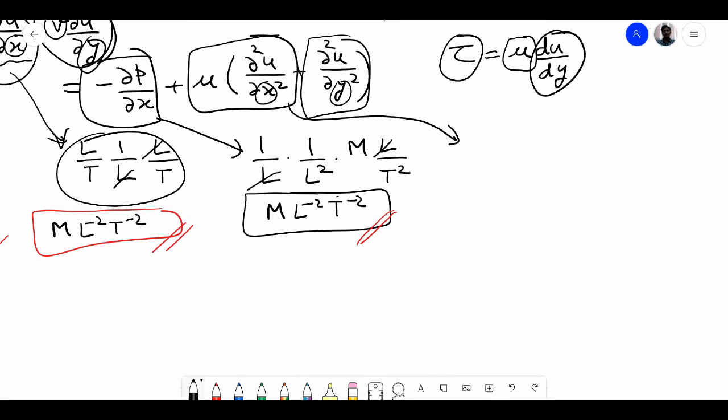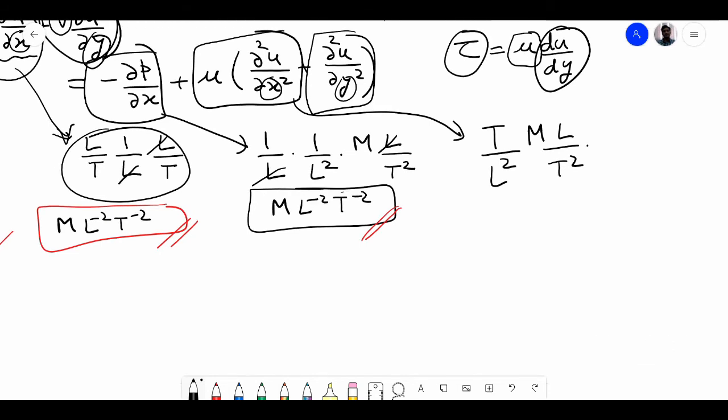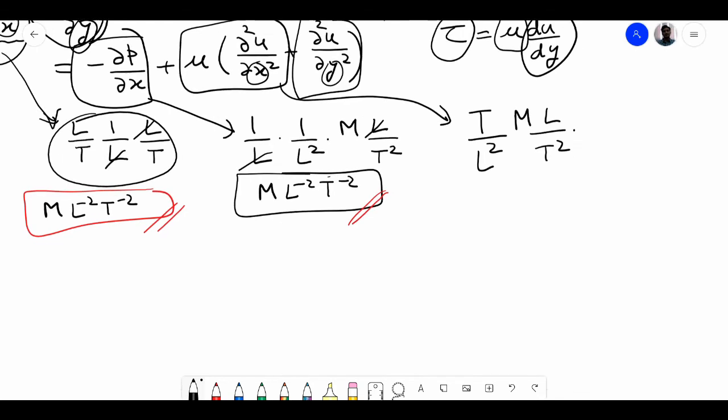So Pascal is force per unit area again, and second gives t. Pascal, force per unit area, gives you L square, force gives you m L by t square. This is viscosity. Now let us write it for dou two u by dou x square.